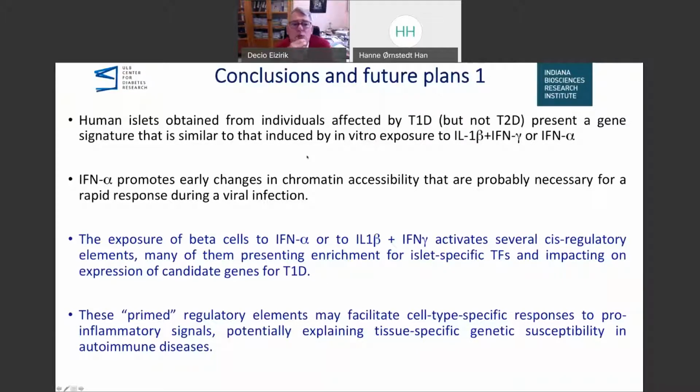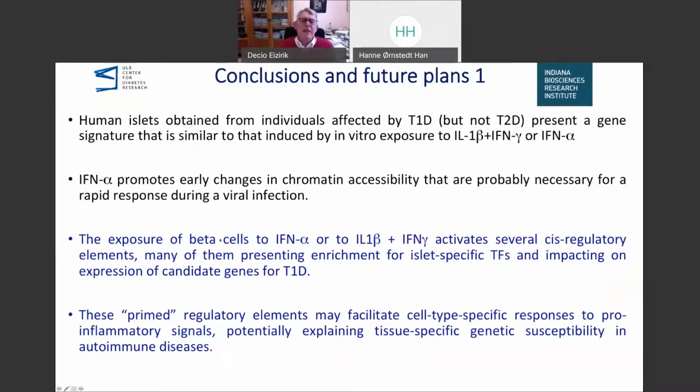Our data suggested human islets obtained from individuals affected by type 1, but not type 2 diabetes mellitus, present a gene and protein signature that is similar to that induced by in vitro exposure to interleukin-1 beta plus interferon gamma or interferon alpha. Interferon alpha promotes early changes in chromatin accessibility that are probably necessary for a rapid response during a viral infection.